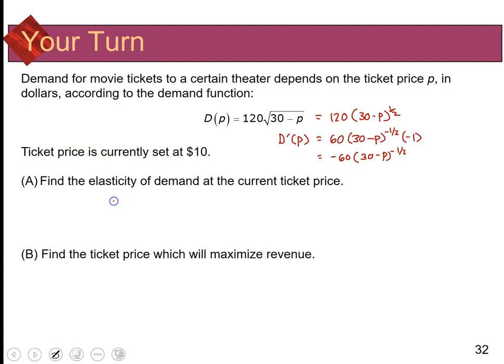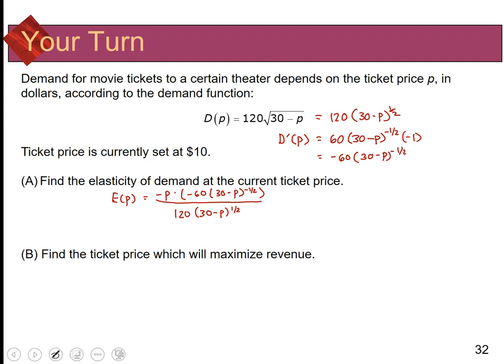So when I make the function for the elasticity of demand, I'm going to have negative p times negative 60 times 30 minus p to the negative 1/2, all over 120 times 30 minus p to the 1/2.